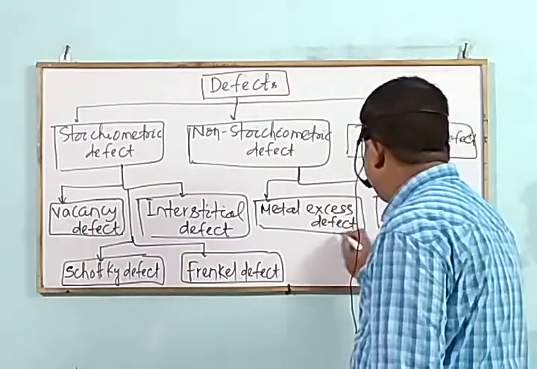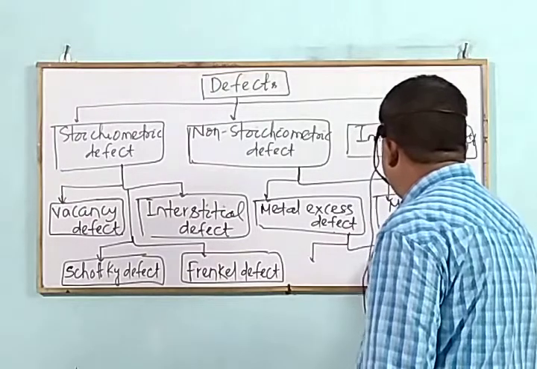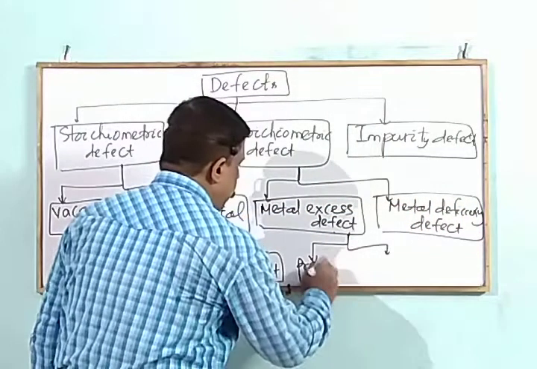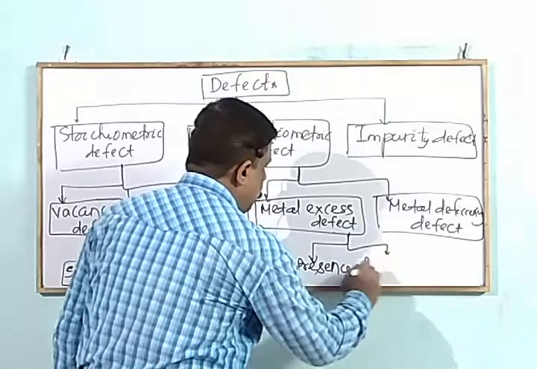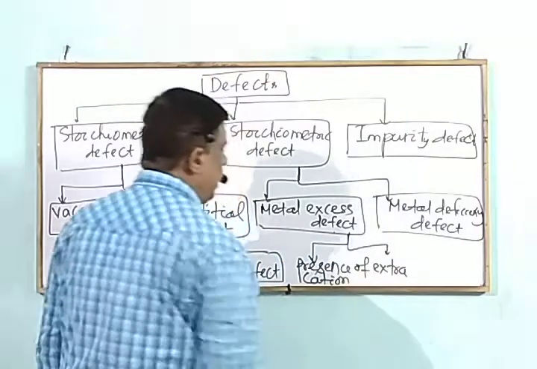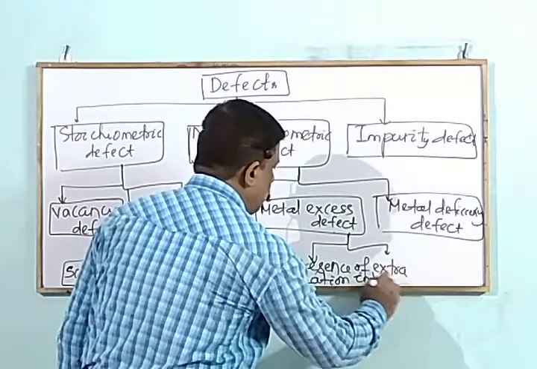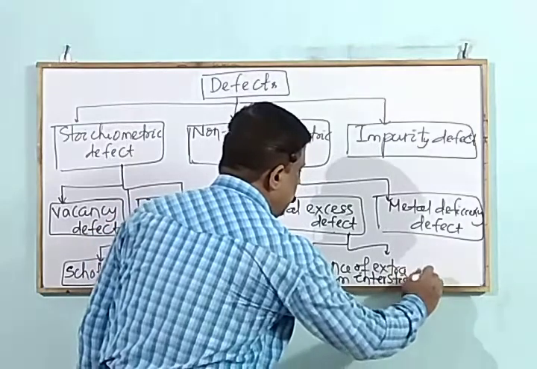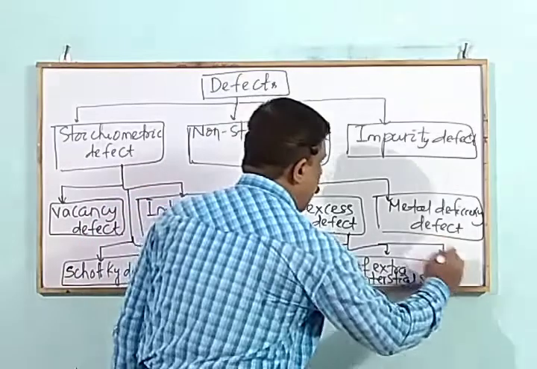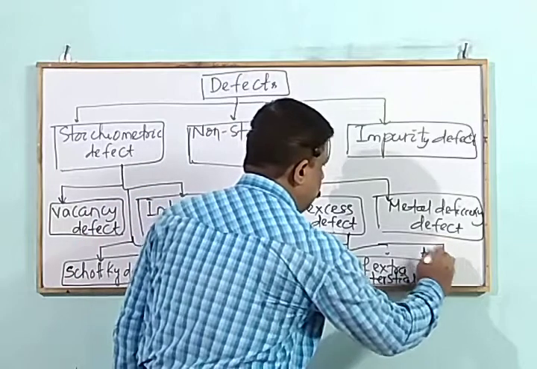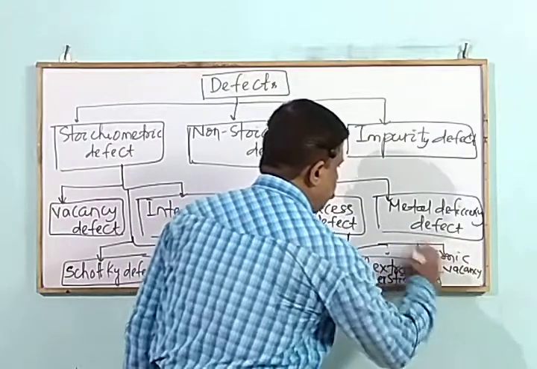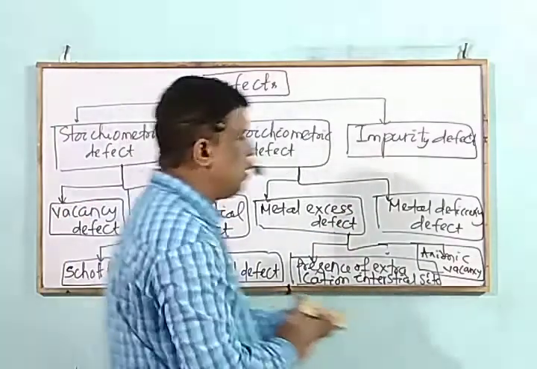This metal excess defect is again classified into two types. One is due to the presence of extra cations occupying the interstitial sites, and another one is due to anionic vacancy. Mark that. This is the total flow chart.